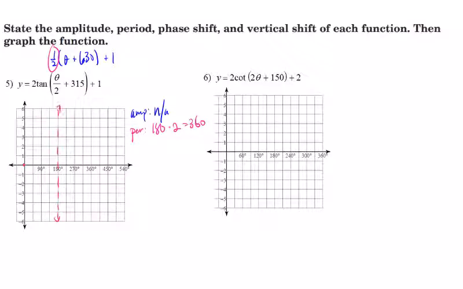Okay, and then usually I would add 180 to get to the next point. But since my period's stretched by 2, it's going to be 360 for the next one. So 180 plus 360 is 540. Okay, and then between those two, right here is where it's going to cross 0.